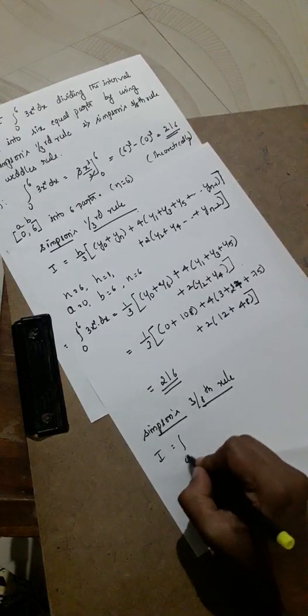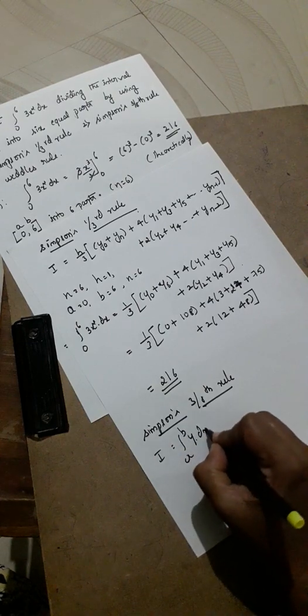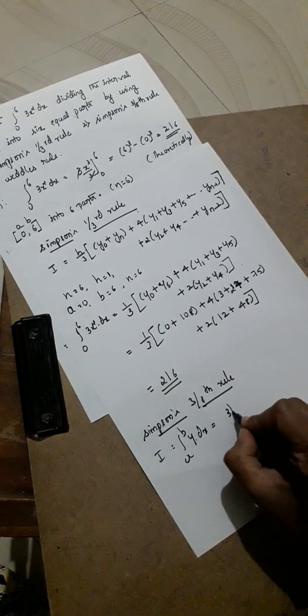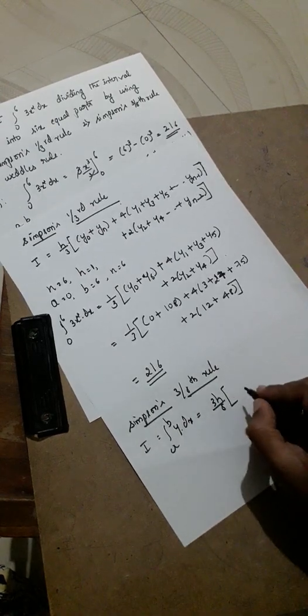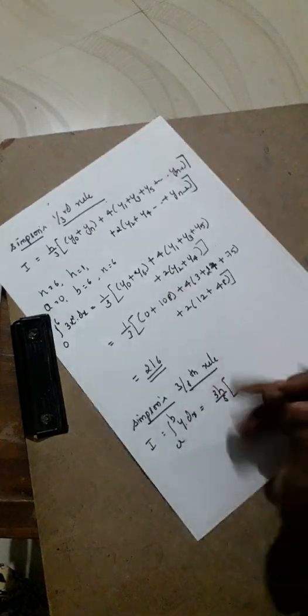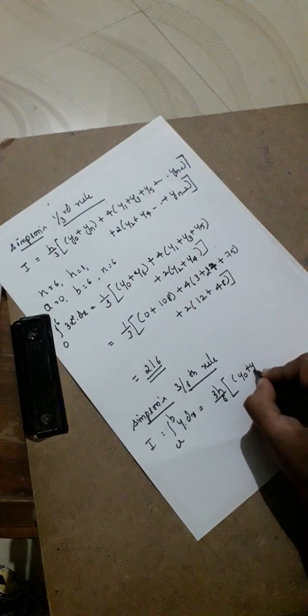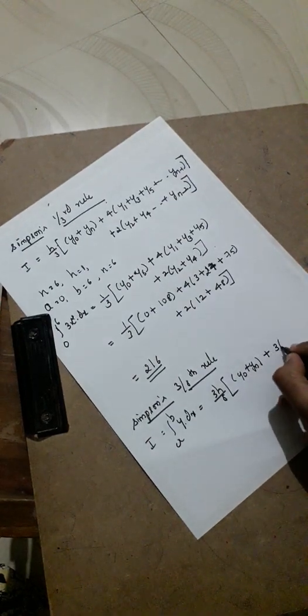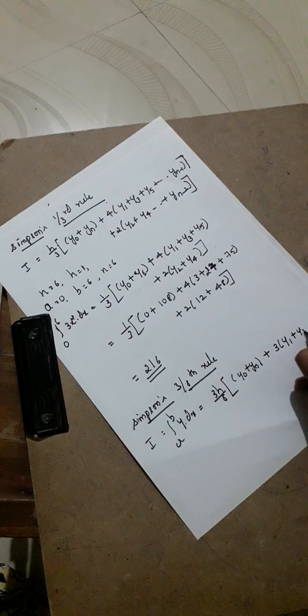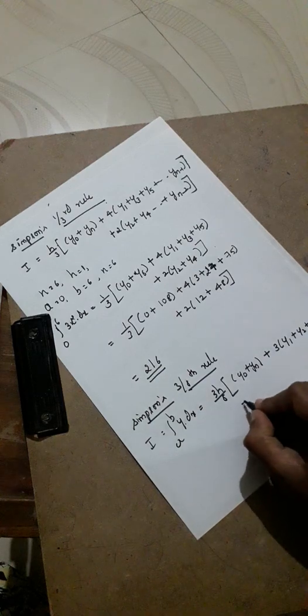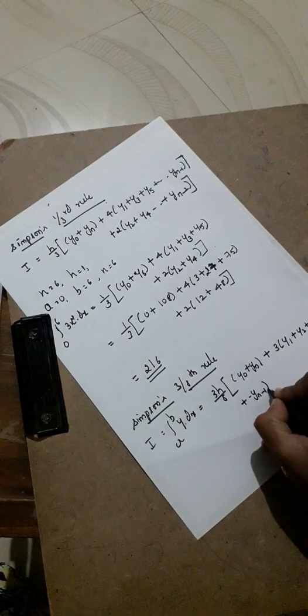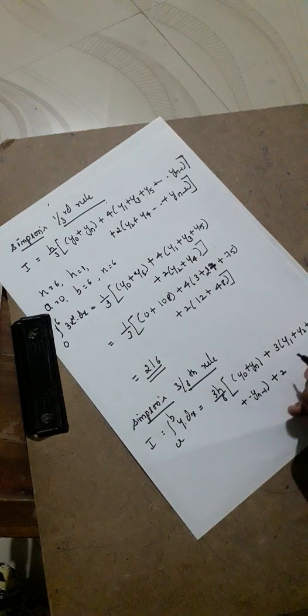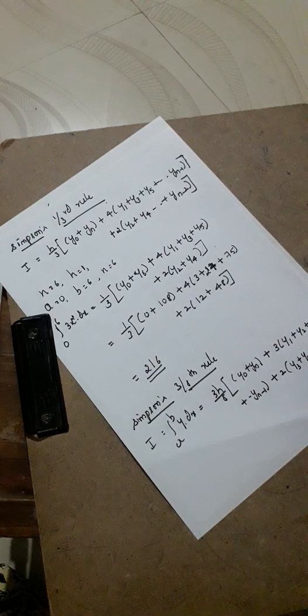I is equal to the integration from a to b of y dx, which can be written as 3h by 8, with y0 plus yn plus 3 times of y1 plus y2 plus y4 and so on up to yn minus 1, plus 2 times of the multiples of 3, that is y3, y6 and so on up to yn minus 3.